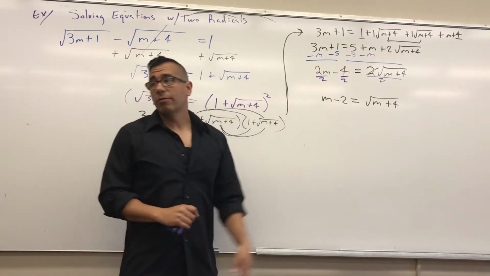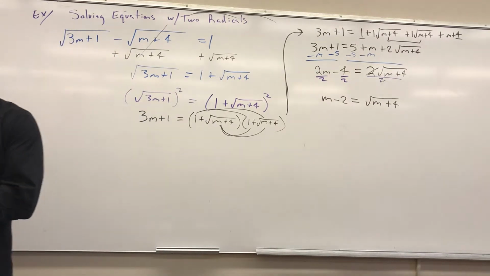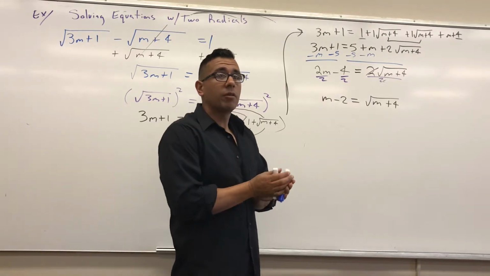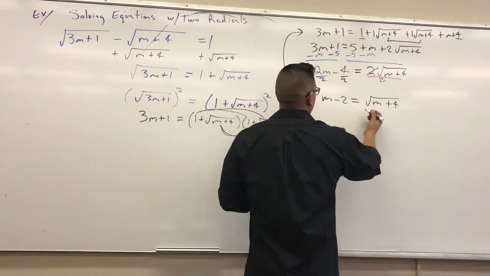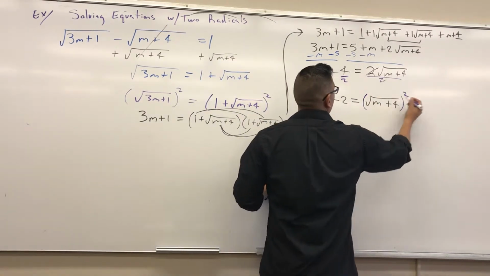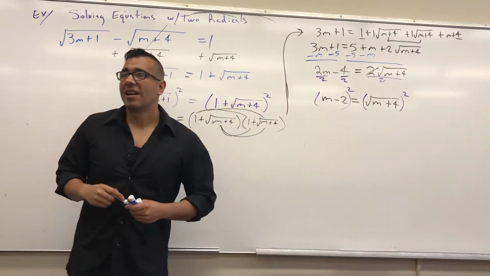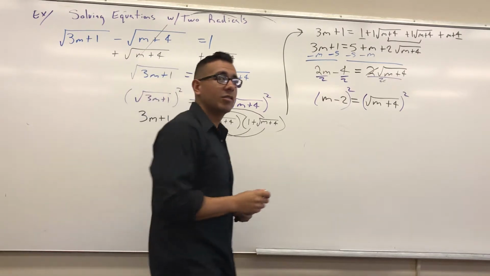All right, how do I get rid of that square root now? Square both sides. So we're gonna square both sides. So when you square both sides, how many copies are we gonna write down? 2.